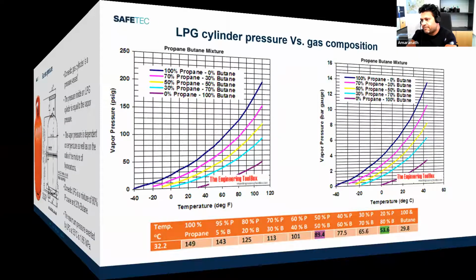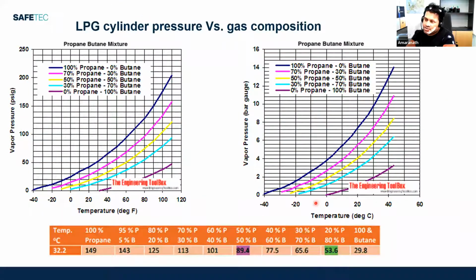This figure here shows you the entire story of what happened in Sri Lanka. We had 80% butane and 20% propane, which gives you the vapor pressure of 53.6 psi, around 3.6 bar.